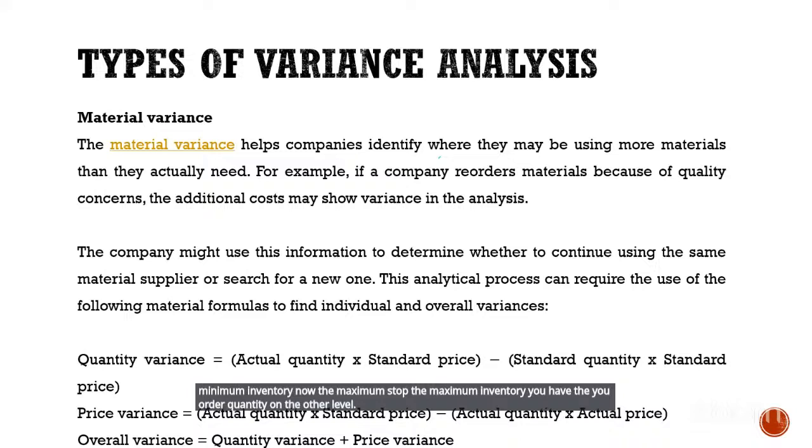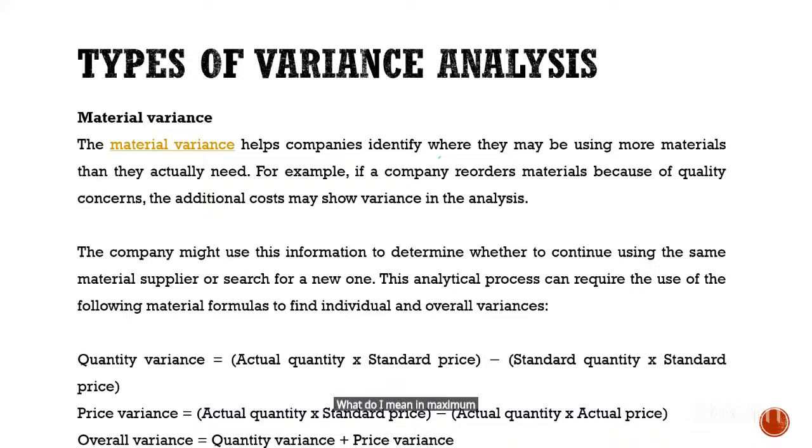What do I mean? The maximum level of inventory is the quantity that you are allowed to have in stock as a business. Because when you have more than you need, it will cost you a lot. You have what we call stock cost. So it will be additional cost to you.